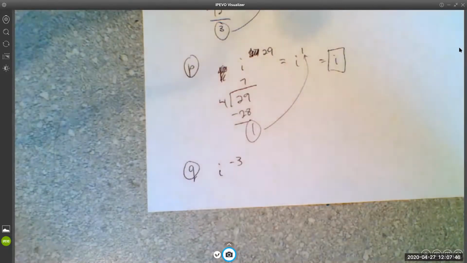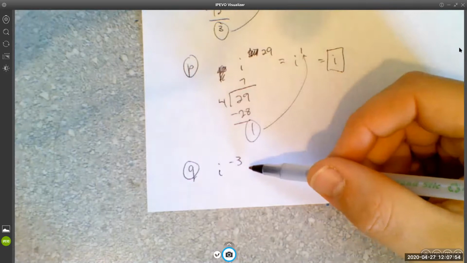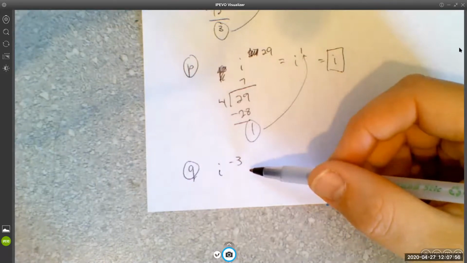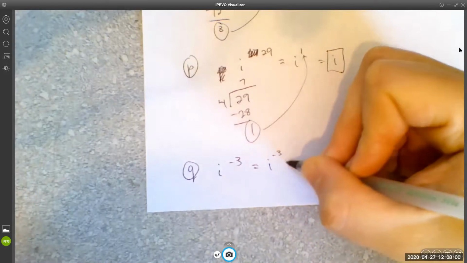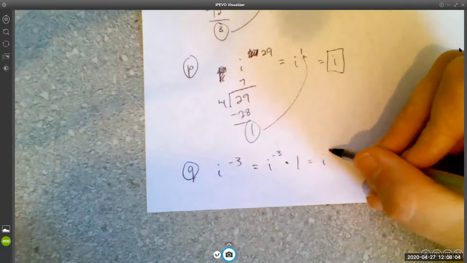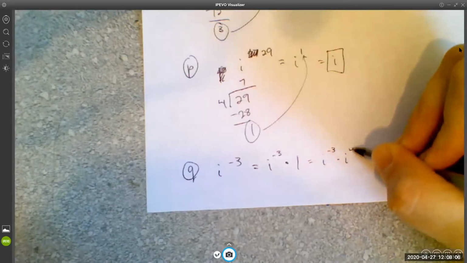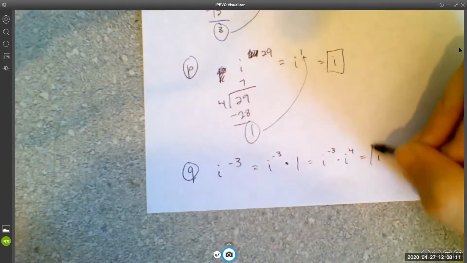Well, so I guess the way that I would approach this one is I would say if you multiply this times i to some multiple of 4, then you're really just multiplying it by 1, right? So in other words, i to the negative 3 is of course the same thing as i to the negative 3 times 1. But 1 is the same thing as i to the 4th power. So that just gives you i.